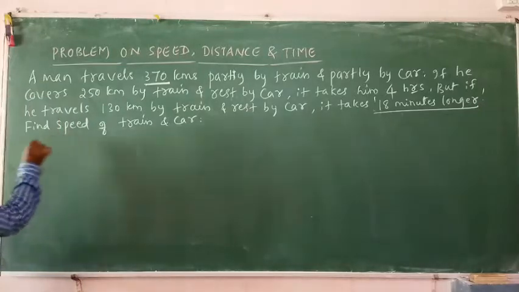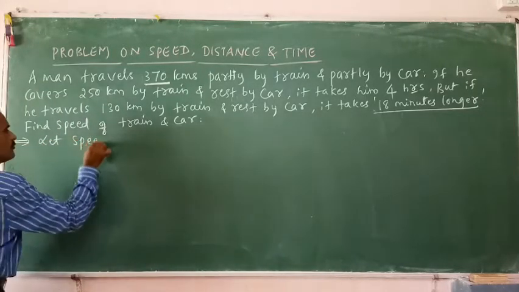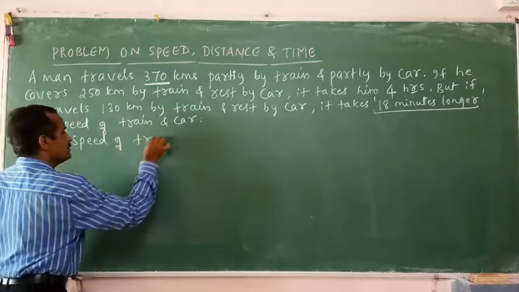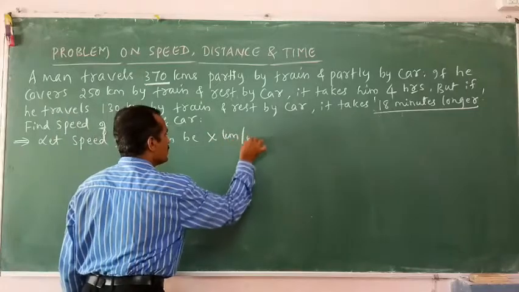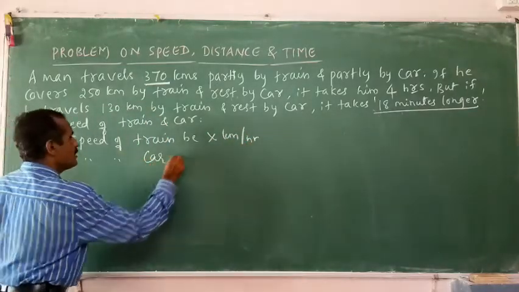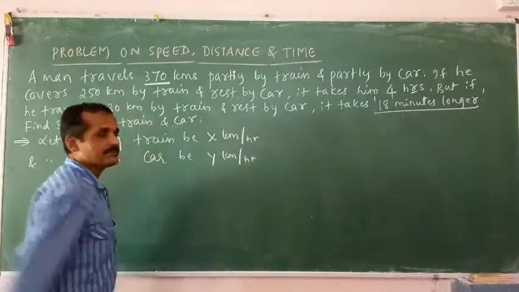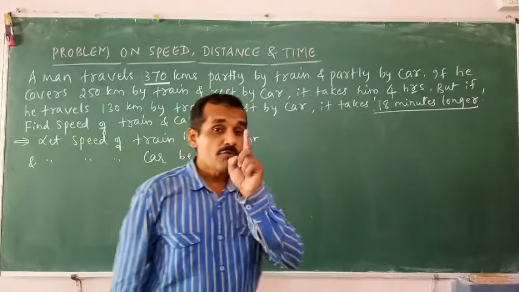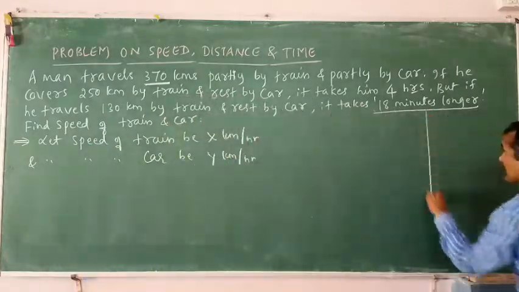We know how to start it. Let the speed of train be x km per hour. Dear children, we know 4 hours is the total time. Let me write the formula here.